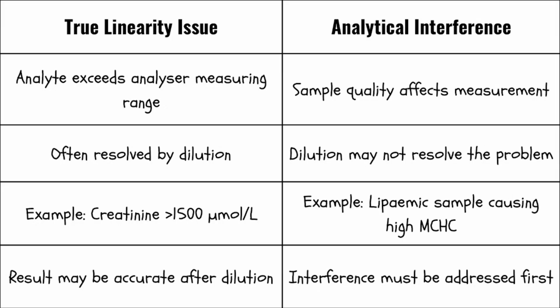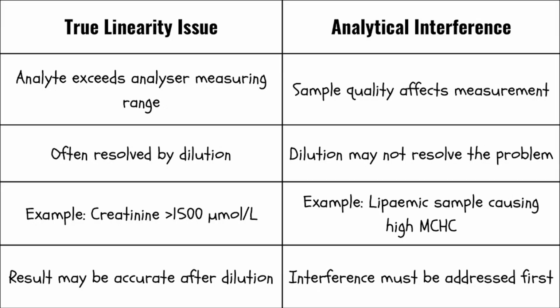That's the difference. So when a sample is hemolyzed, icteric, or lipemic, the quality of that sample can affect the measurement, and in doing so, it can give you a false act of linearity. I want you to treat that with caution, which we are going to look at. So now let me go again.